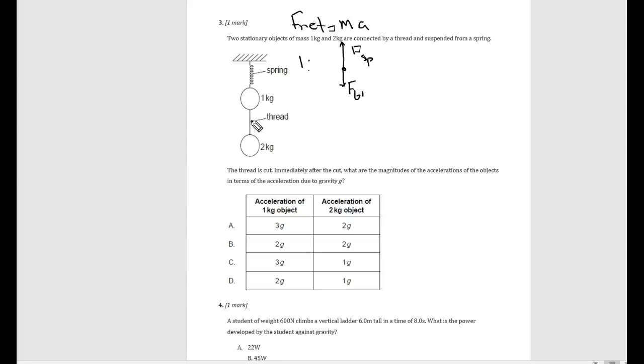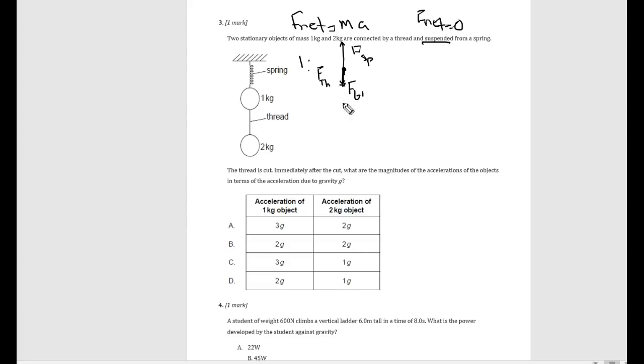And then there's the force from the thread that's clearly going down. Okay, so we've got 2 forces going down. Let's say F thread. And what else do we know? Well, if it's suspended, that's a context clue that the net force is equal to 0.